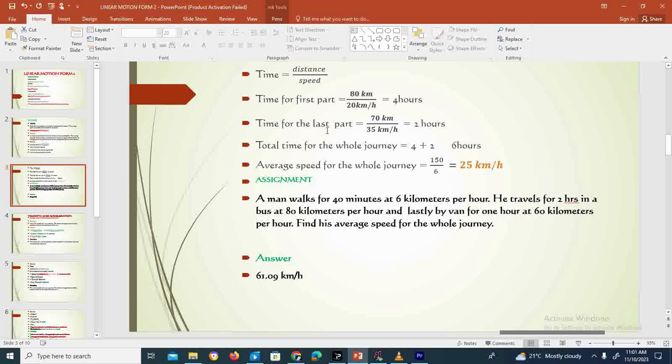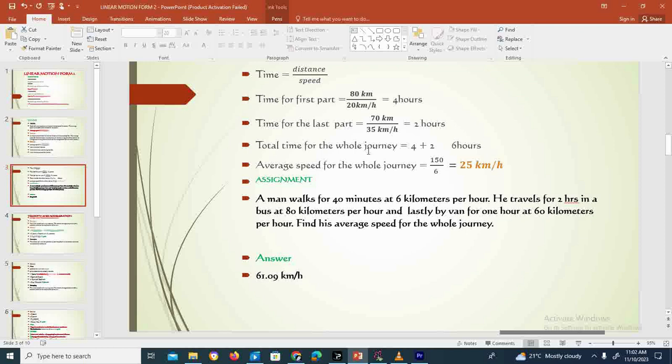Time for the last part of the journey: 150 minus 80 gives 70 kilometers. We divide by the speed for that final section of the journey, which is 35 kilometers per hour, and that will give us a time of 2 hours. So it took 2 hours to cover the last 70 kilometers.